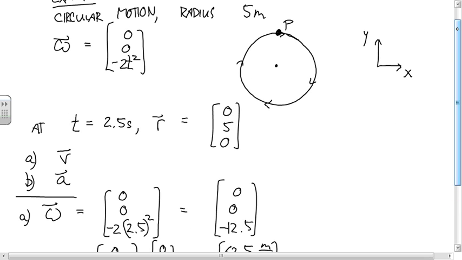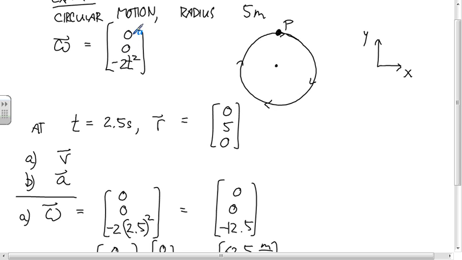And it's also worth recognizing that anytime you have an angular velocity vector that is purely a function of z, and actually, generally speaking, purely a function of any of these, it's a function of time, but it only has a non-zero function for one of these components, you know that when you take the derivative, it can only be non-zero for that same component.